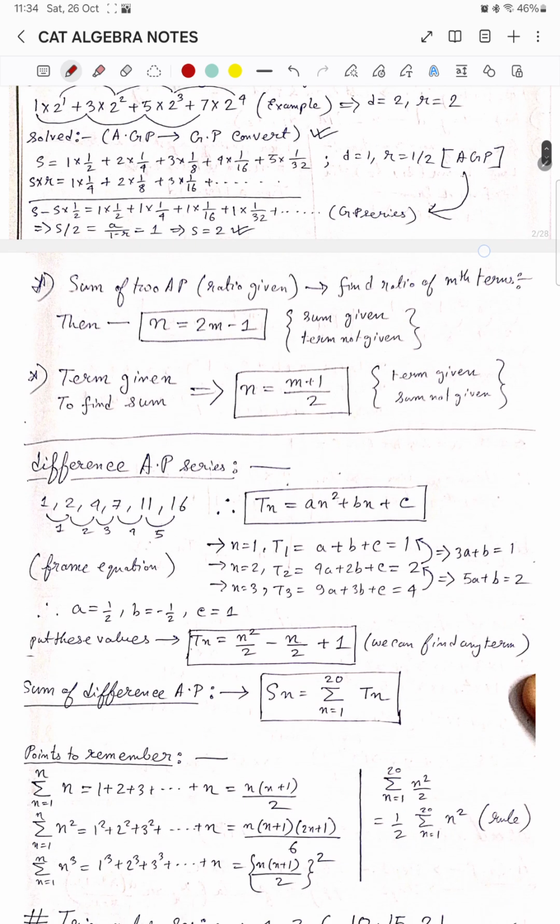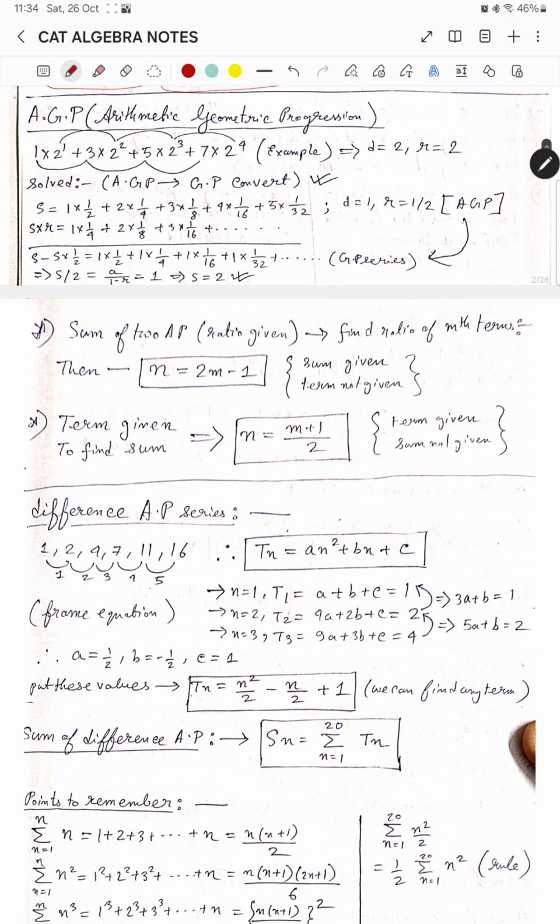And the next thing was AGP, arithmetico-geometric progression. This AGP series will be in both arithmetic progression and geometric progression. So if you see 1, 3, 5, 7, this was in AP, and 2 power 1, 2 power 2, 2 power 3, 2 power 4, this was in GP. d equals 2, r equals 2.